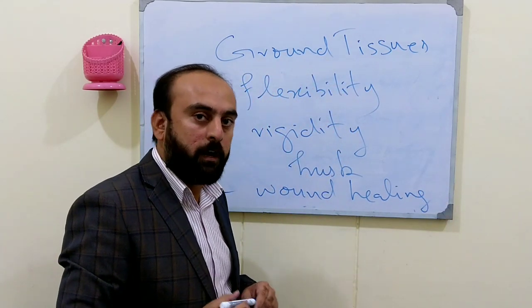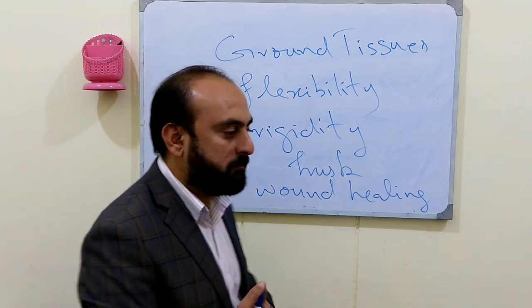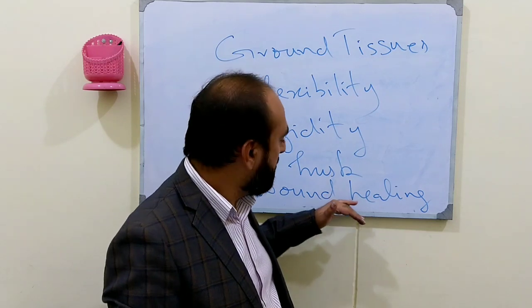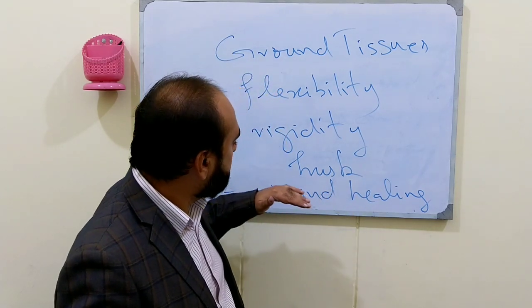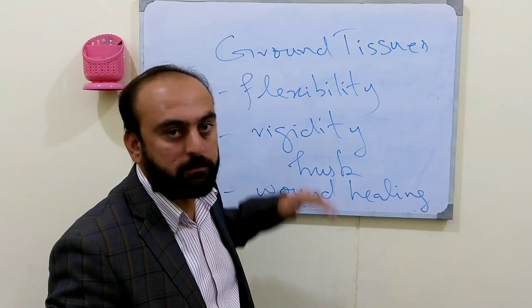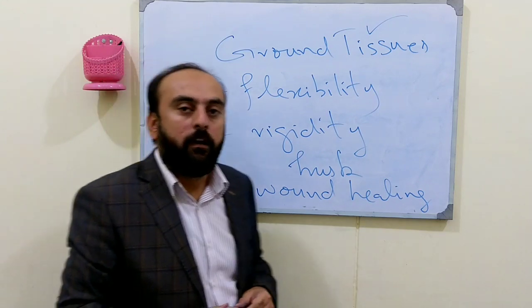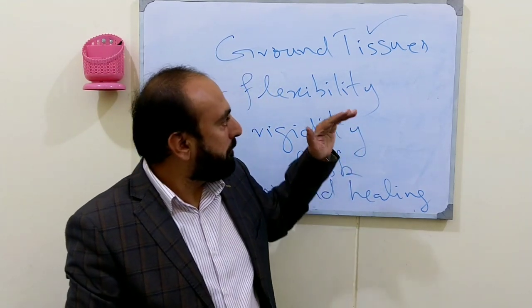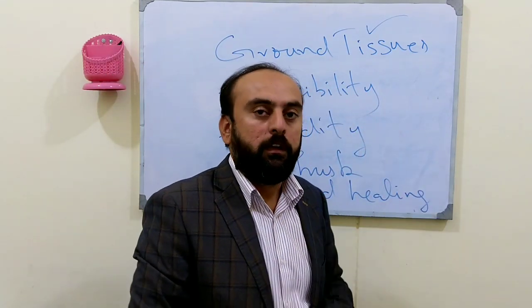So when a plant is injured by an animal or in case of mechanical injury, then it can heal itself through certain cells, and that is through these ground tissues. So these are very important tissues that have many functions or many roles to play in plants.